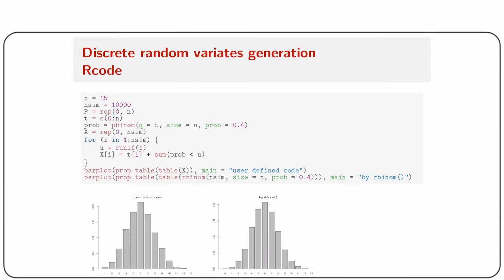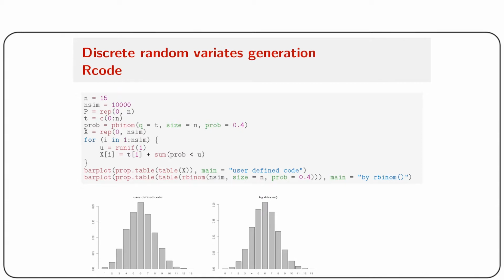X is then replicate 0, in nsim, just assigning a new array of size 10,000, that is nsim. Now I'll use a for loop, that is i equals 1 to nsim and u equals uniform 1, where xi equals t of 1 plus sum of prob less than u, and once we run this for loop, it will generate the random variates from the binomial distribution with specified parameters.